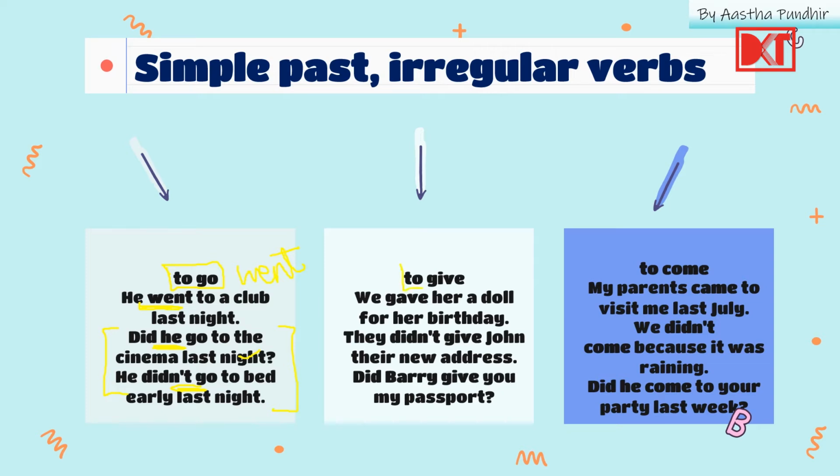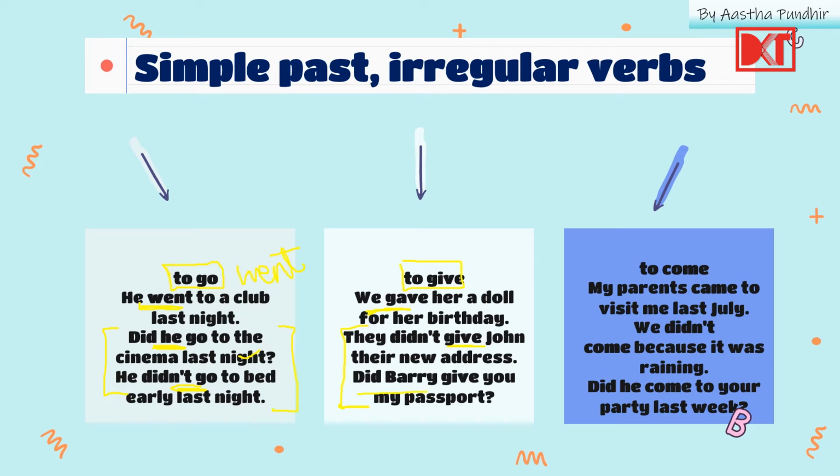Similarly for the next one, to give, इसमें the past participle is gave. We gave her a doll for her birthday. The rest of them did के साथ didn't जब आ रहा है. They didn't give, which means the original form. They didn't give John the new mattress.